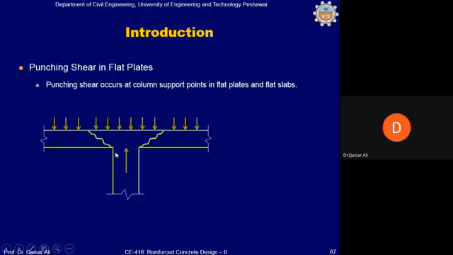But in the case of a reinforced concrete slab cast monolithically with the column, the crack will not occur here. It will occur at an angle of about 45 degrees, somewhere like this.